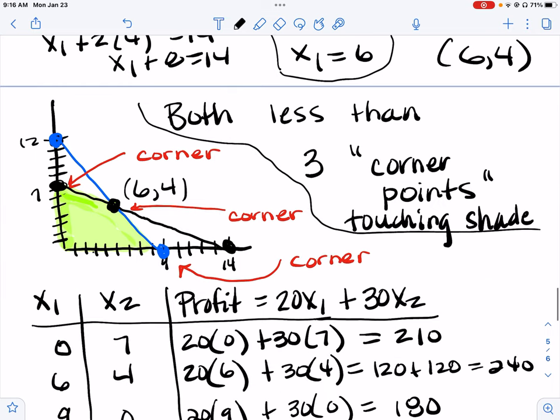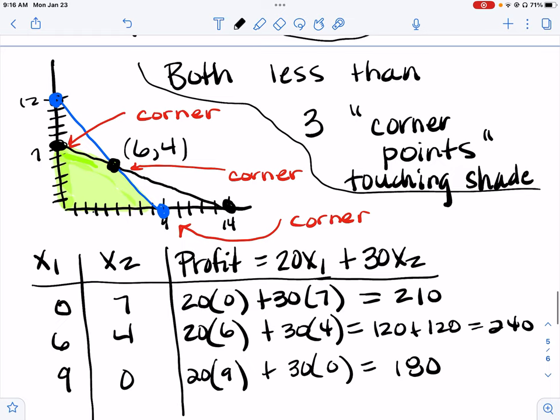Okay, the 3 corner points of the shaded area. So this is a corner point at (0, 7). The intersection point is a corner point of the shaded area. And this is also a corner point here at (9, 0).